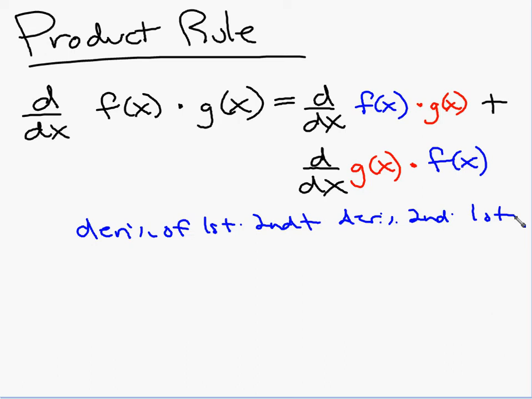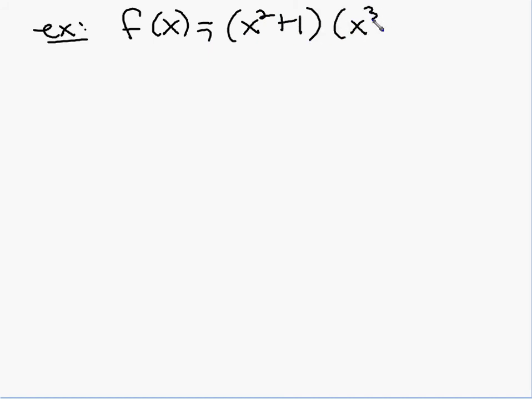So, if I have two functions multiplied together, let's do one of these examples using this rule. If I had the function x squared plus 1 times x cubed plus 3.